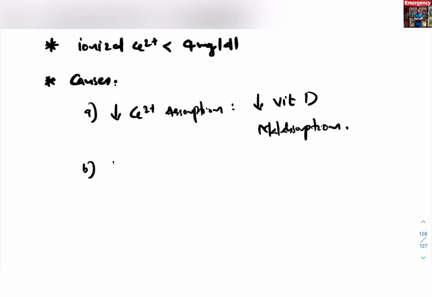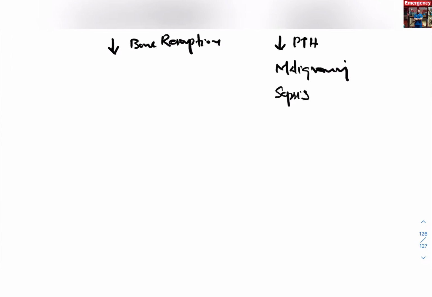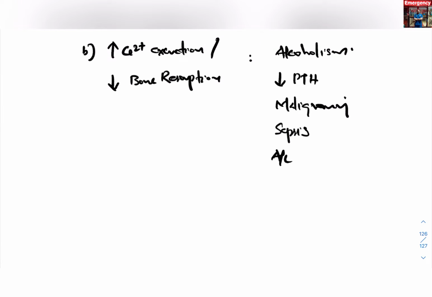The second one is increased calcium excretion or decreased bone resorption. Here the mechanisms include alcoholism, hypoparathyroidism, malignancy, sepsis, and also acute pancreatitis.